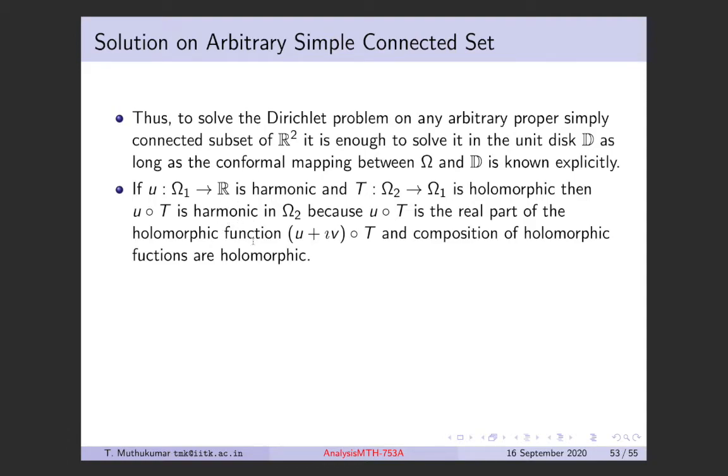You remember that we are in 2 dimensions, right? All these omega 1, omega 2 are subsets of R2 or C. So this result is valid in 2 dimensions, because when you say harmonic, you mean Laplacian u equal to 0, right? In the case of 2 dimensions, harmonic composed with holomorphic gives you harmonic. In higher dimension, this result is not true.